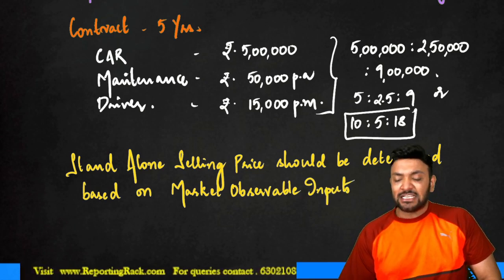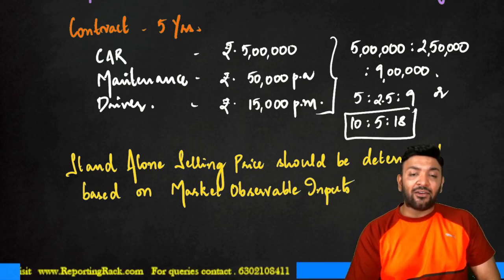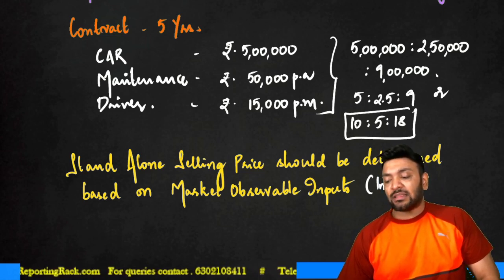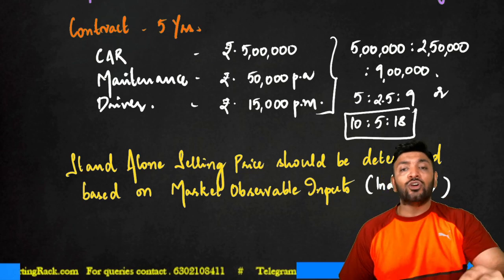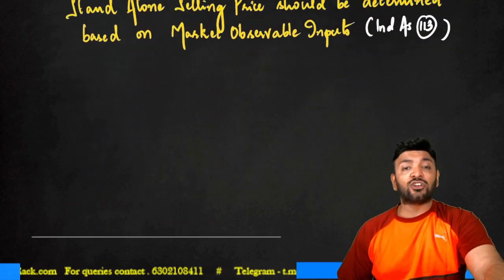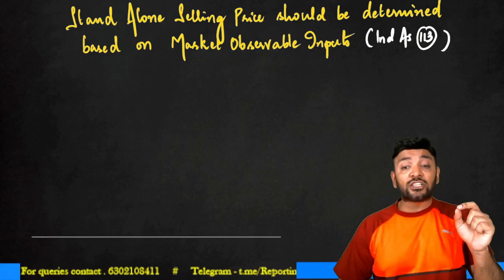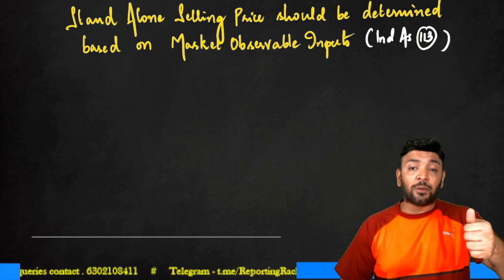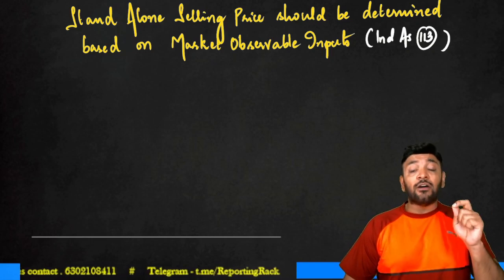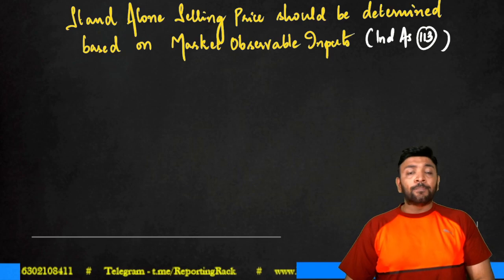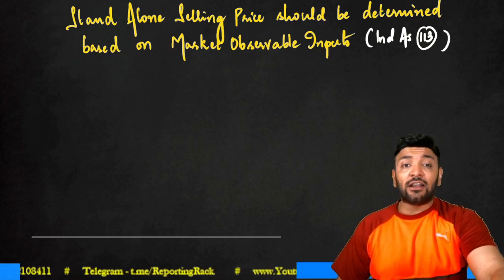This is the same language as used under IND AS 113. Under IND AS 113, determination of fair value should be based on market observable inputs. IND AS 113 requires you to maximize the use of observable inputs and minimize the use of unobservable inputs in the determination of fair value. So, in essence, what did we say?